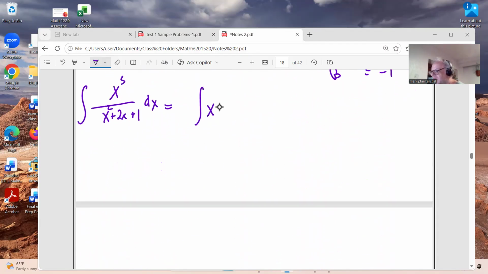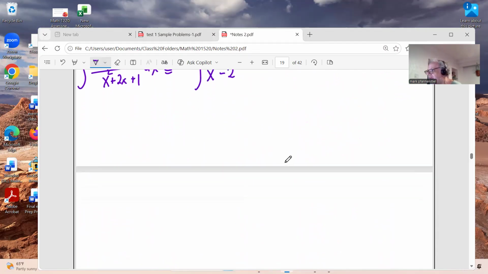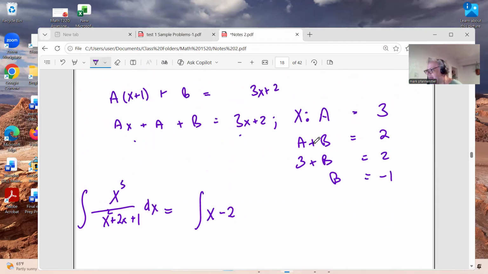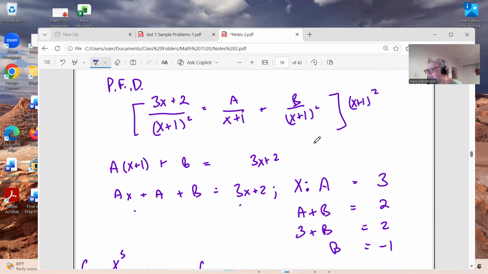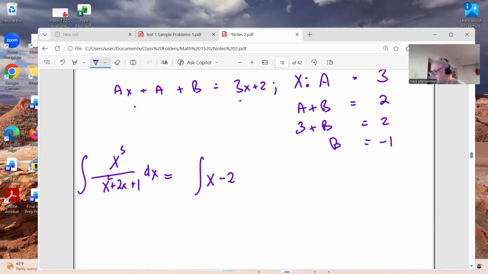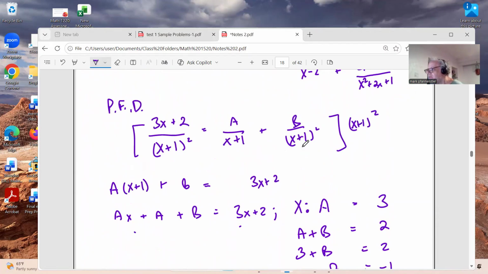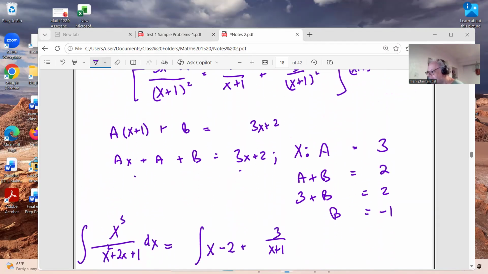The integral of x - 2. And then we have to go back to our a and our b. A was equal to 3, yes, a is equal to 3. So we have plus 3 over x + 1. And b was negative 1, so we have minus 1 over (x+1)^2.